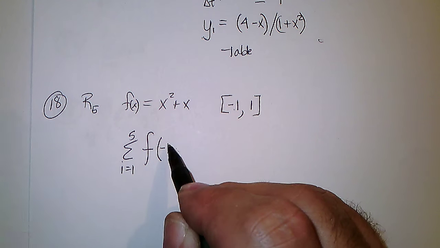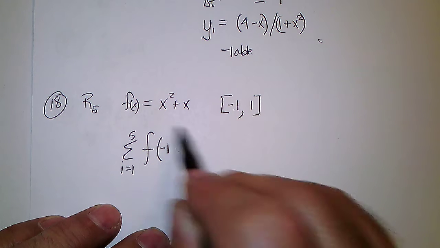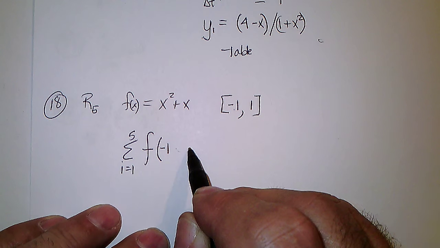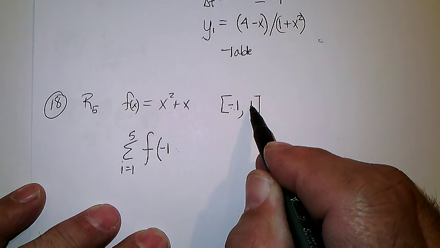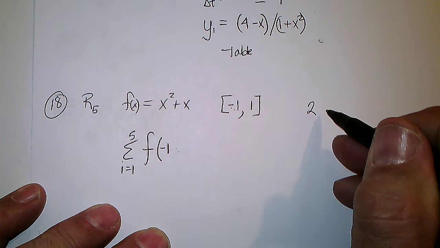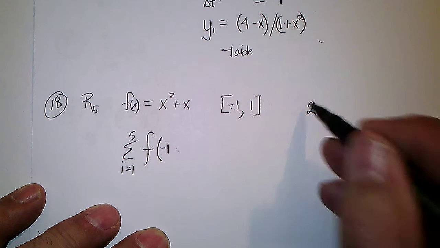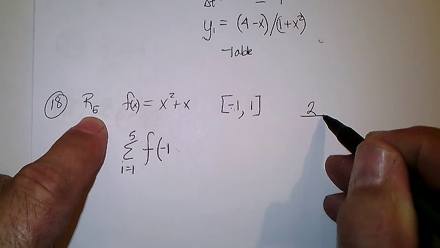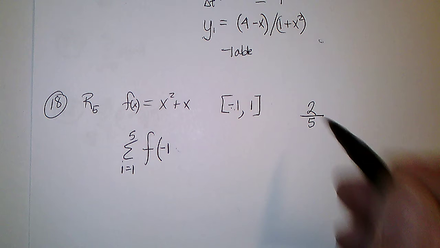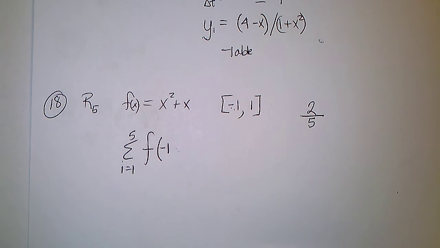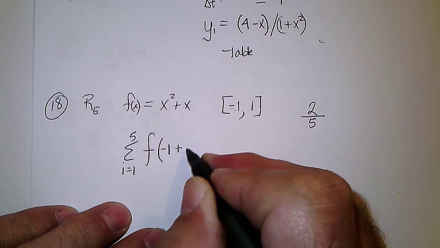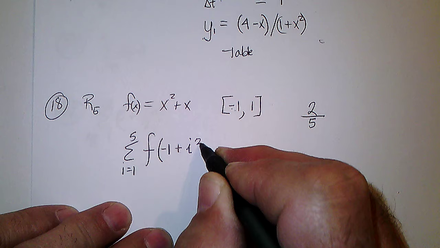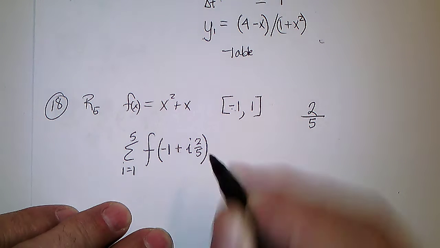I'm just going to have to jump the width of the interval. So what is the width of the interval? From -1 to 1, that's 2, or 1 minus -1, 2, divided by how many times we're splitting it up, 5. So each jump is 2/5. So I'm going to go plus I times 2/5.